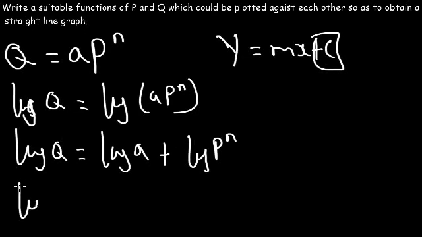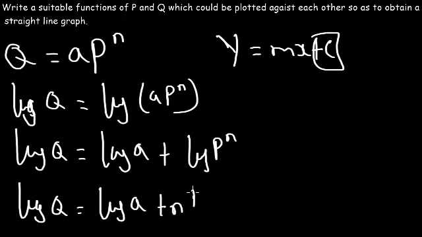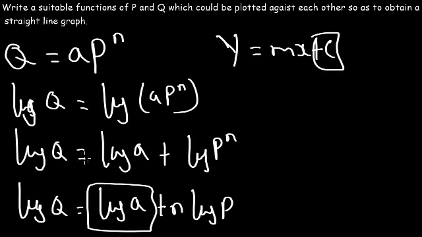So that will be log of q equals log of a plus n times log of p. Now you can see that the index of the dependent variable q is 1 and the index of the independent variable p is also 1. At the same time, I now have a constant, which means I can stop at this point.